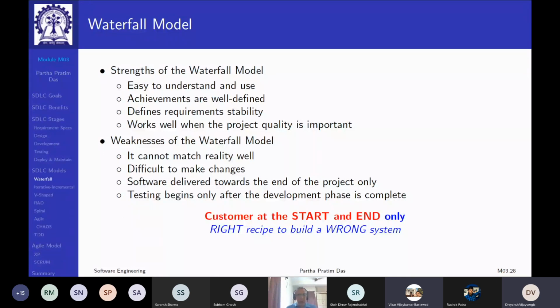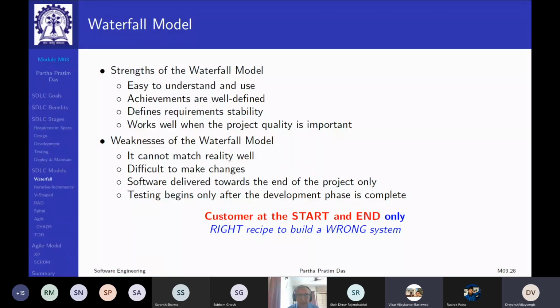It is good because it is easy and well defined, but it requires stability of the requirements, and it provides very good quality, but it's not often best suited when you have quick turnaround.